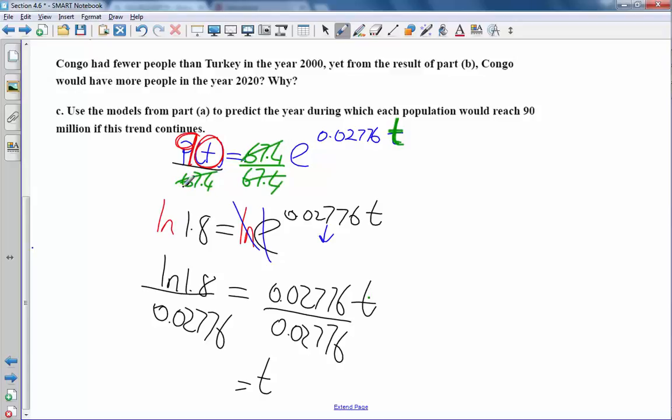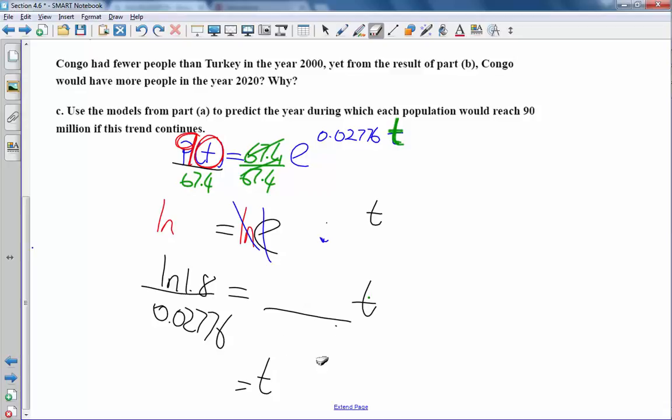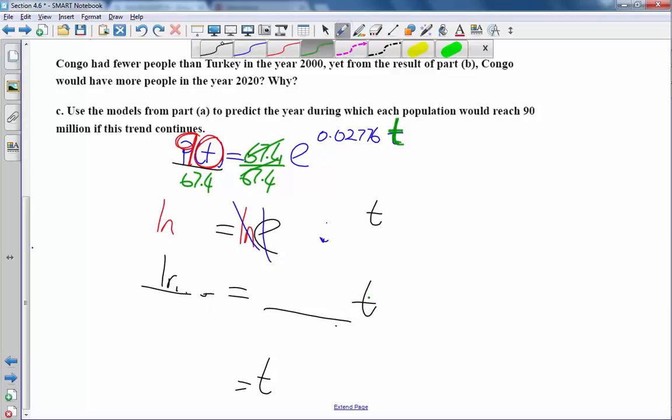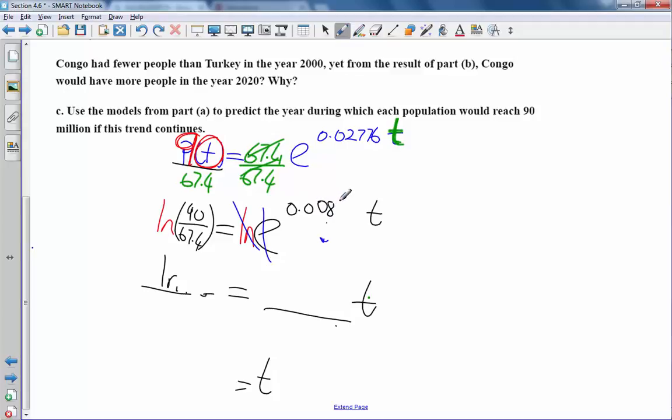Gone. Now, these two won't divide though. The ugly thing with Turkey is that these two don't divide, it's not terminating. So I will keep this number as a ratio. The rate is different for Turkey. The rate is 0.086494.